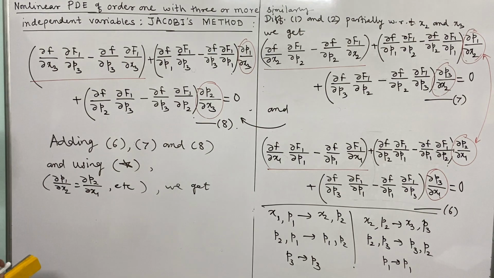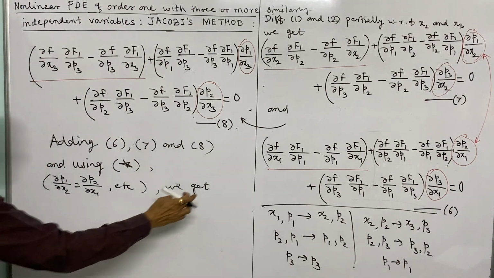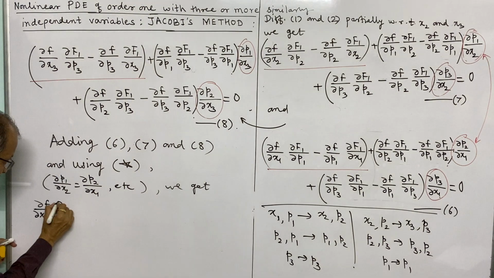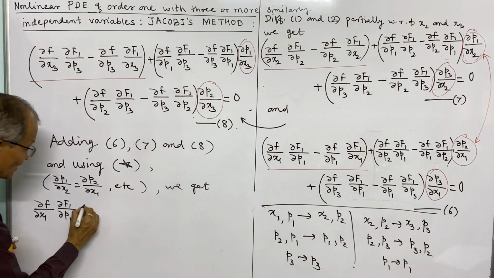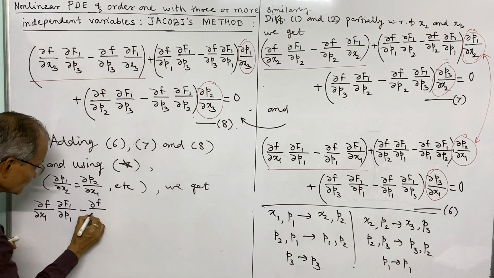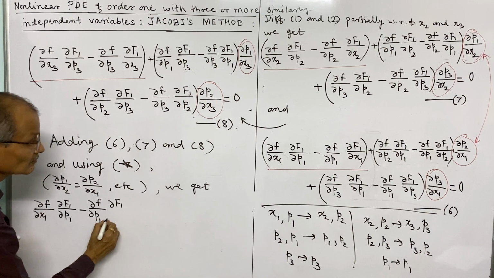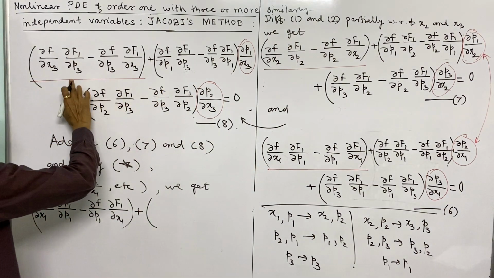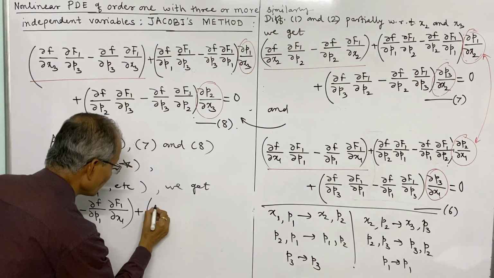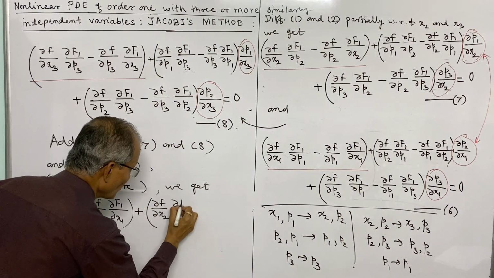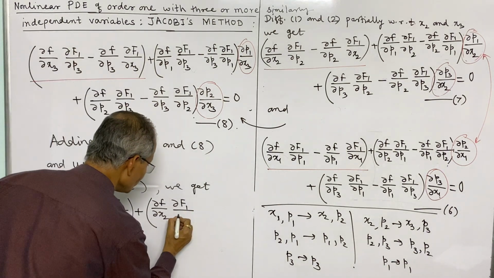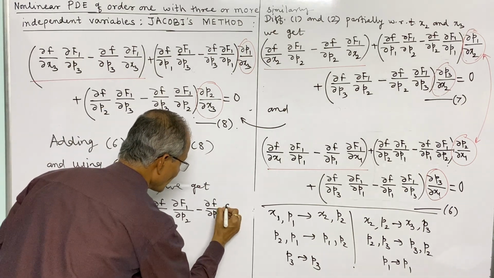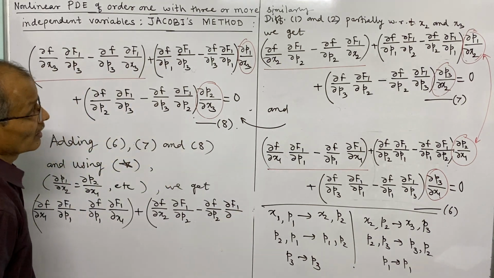and I write the equation here, that as ∂f/∂x1 into ∂F1/∂P1 minus this is the term from the first, plus this is the term from the second, 7th, you see, ∂f/∂x2 ∂F1/∂P2 minus ∂f/∂P2 ∂F1/∂x2.